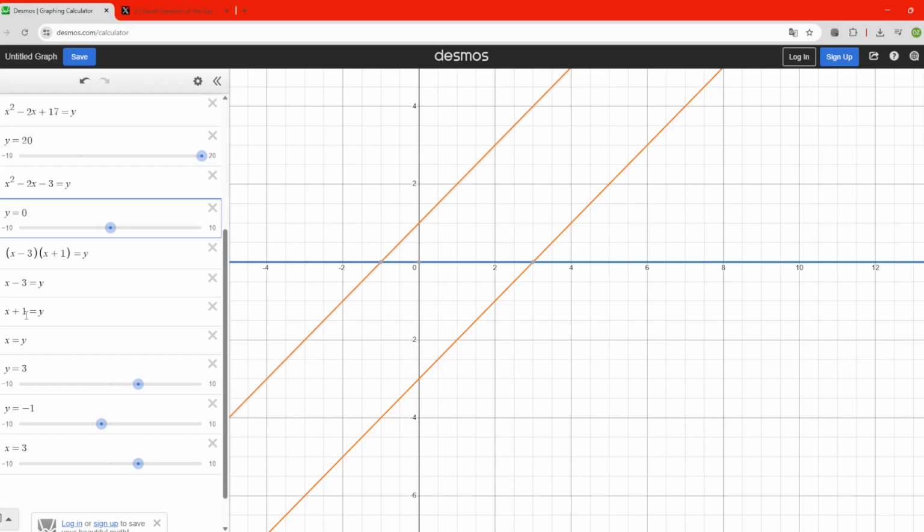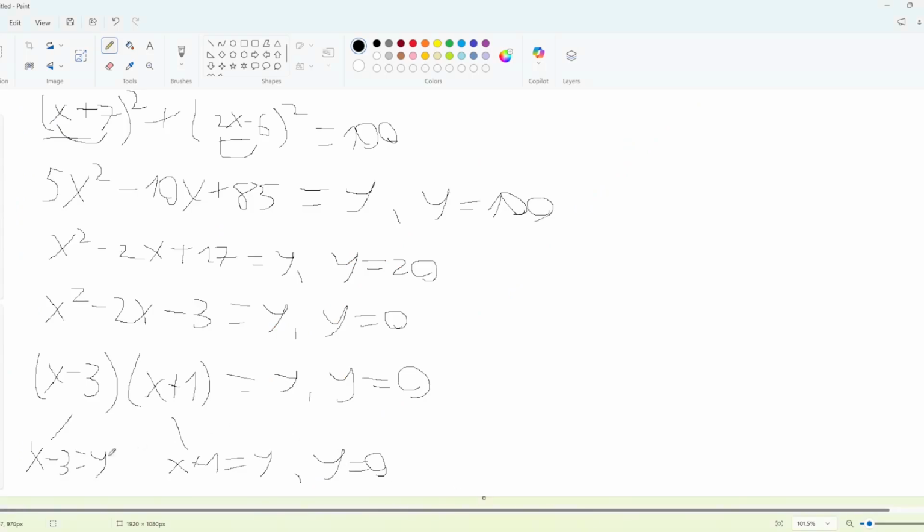Okay? And with each of these, I'm gonna do one last manipulation. With one of them, I'm gonna get x equals y with y equals 3, right? Because if this equals 3, then the y equals 0.